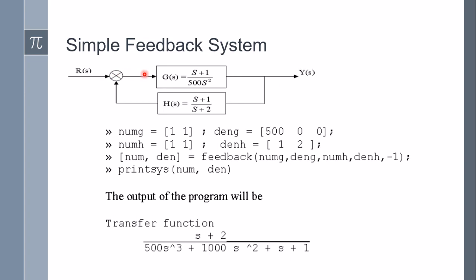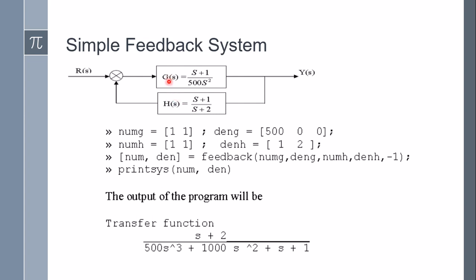So this is a forward path from input to output. If you take H(s), the second system, the input for the second system H(s) is derived from the output, and the output of this H(s) is given back to the input side. So this is called the feedback network.